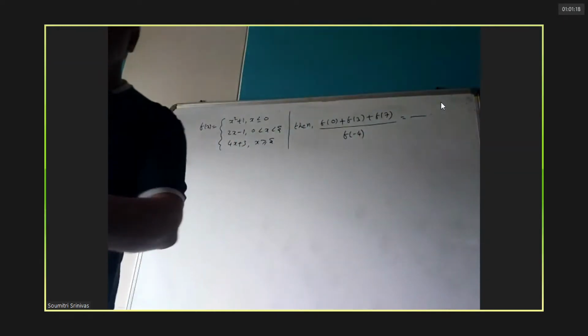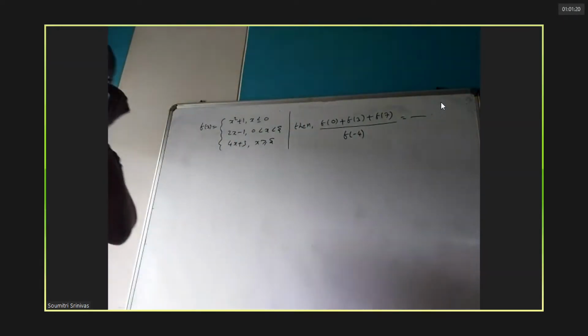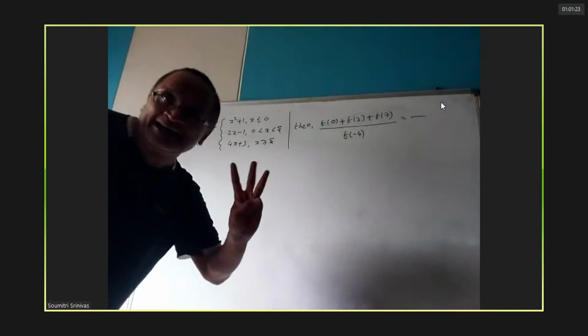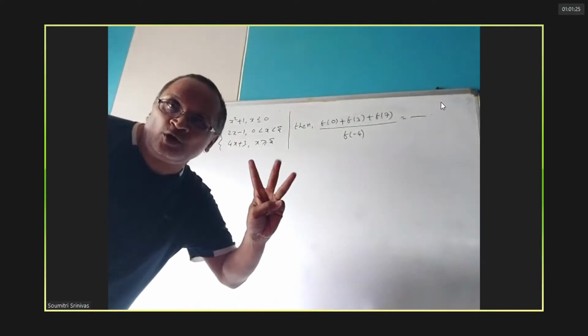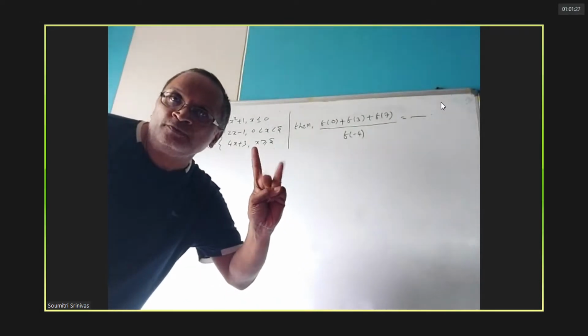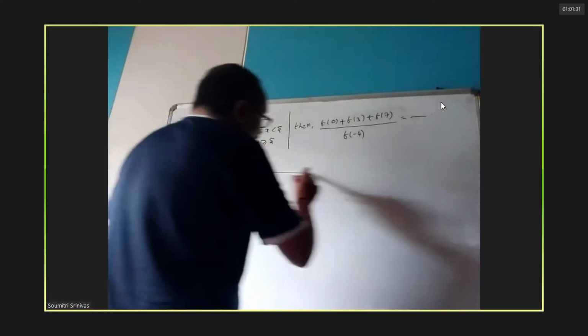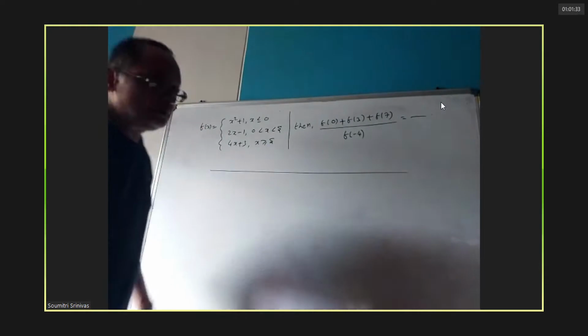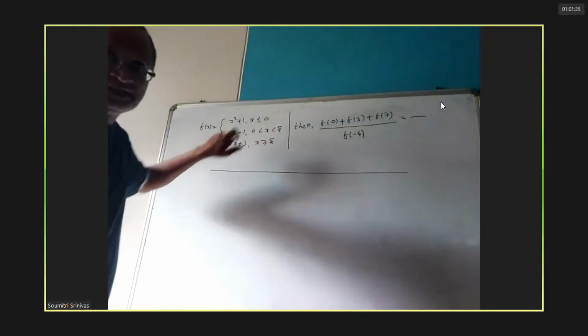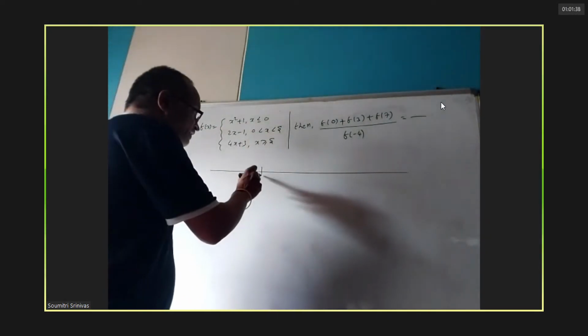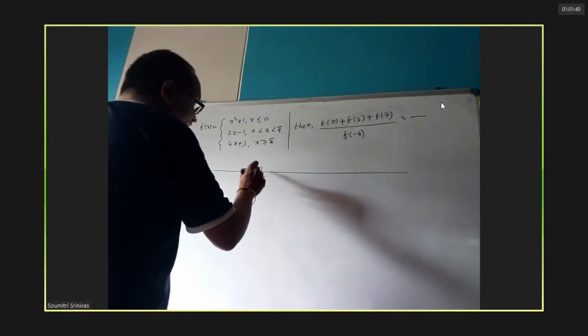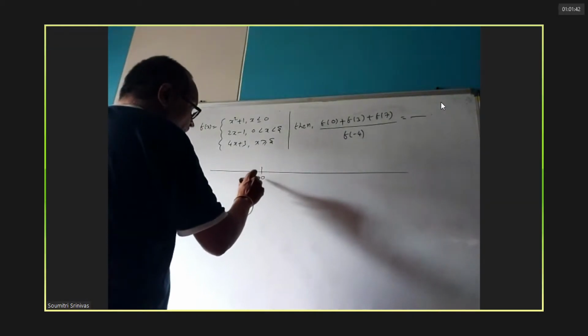Pay attention. The entire number line is now broken into 3 tukdas. Can you see it? What is tukda number 1? Tukda number 1 is till 0, including 0.